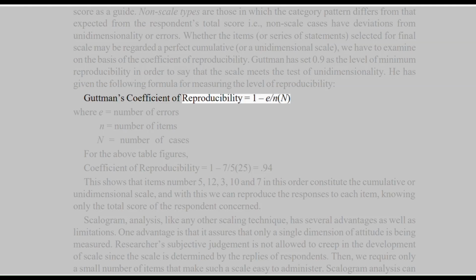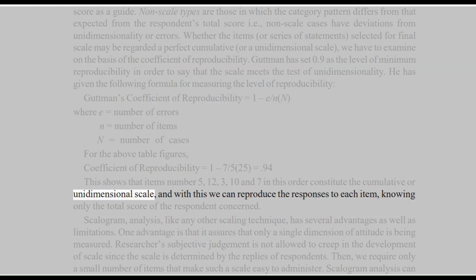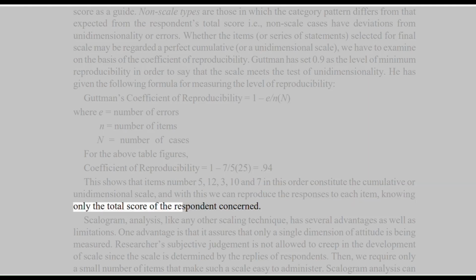Guttman's coefficient of reproducibility is equal to 1 minus E over n times N, where E is the number of errors, n is the number of items, and N is the number of cases. For the above table figures, the coefficient of reproducibility is equal to 1 minus 7 over 5 times 25, which is 0.94. Thus, items numbered 5, 12, 3, 10 and 7 in this order constitute the cumulative or unidimensional scale, and with this we can reproduce the responses to each item, knowing only the total score of the respondent concerned.